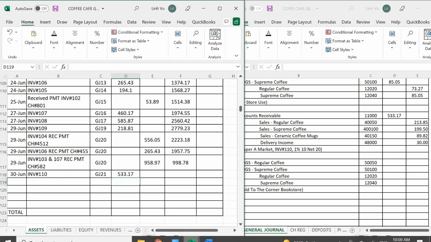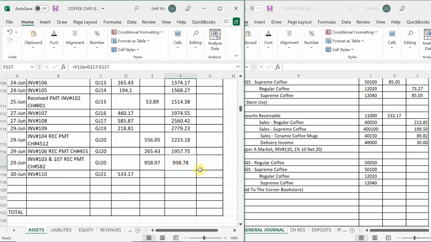So what's my ending balance going to be? 2756.35. Wrong place.